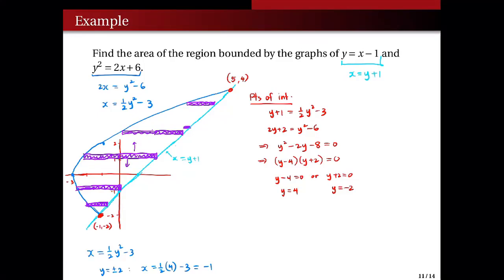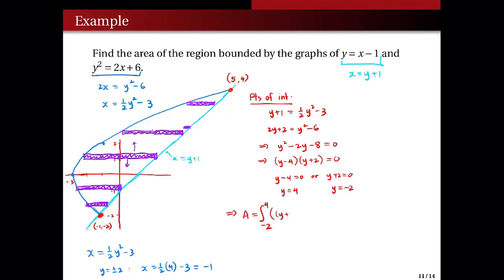We just need the y value because those give us the endpoints of the interval for our integration. So the area will be the integral from -2 up to 4 of, again, right function, it's your x equals y plus 1.